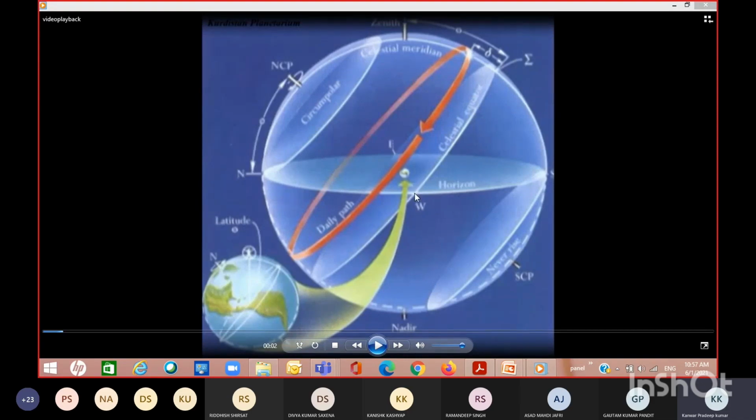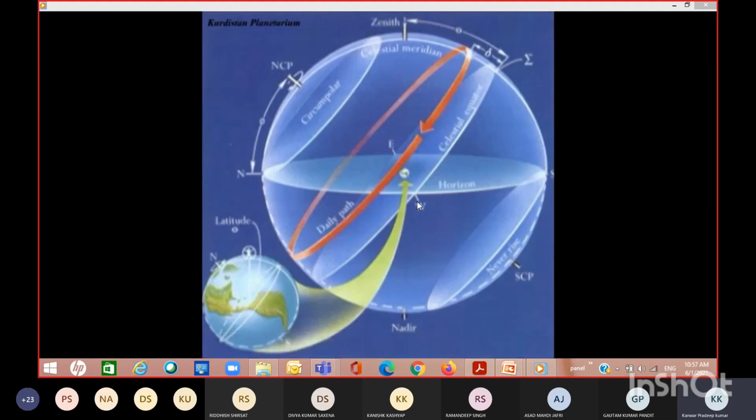And there is one north and south point. So wherever we are standing on the earth, we will have only one north and south point, and we will have only one east and west point. Am I right? The rest in between will be other degrees, no? 10 degrees, 20, 30, 40. There will be only 90 and 270 degrees, and 0 and 180.